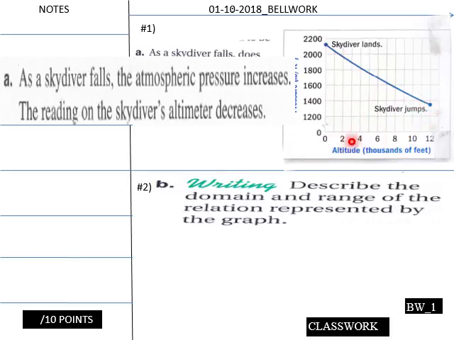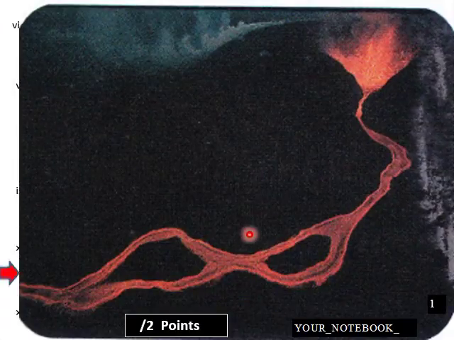The domain would be the altitude here, and it shows kind of the inverse relationship between thousands of feet in altitude and atmospheric pressure. So that's a long-winded explanation of that.